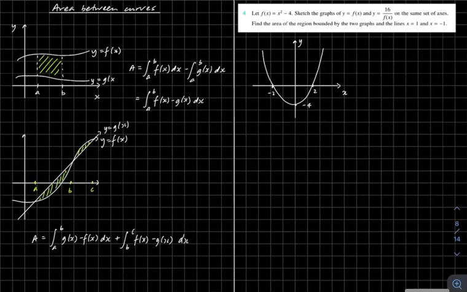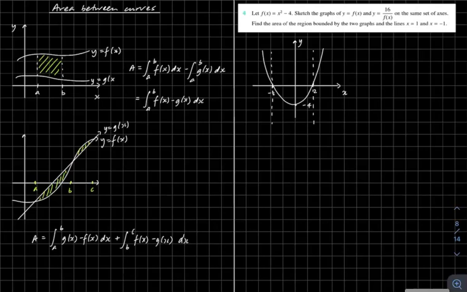So if we're now sketching the graph of 16 over f of x, well, wherever f of x has a 0, any constant divided by f of x is going to be discontinuous, isn't it? So we're going to have some asymptotes here for our function 16 over f of x, and 16 divided by negative 4 is also negative 4.